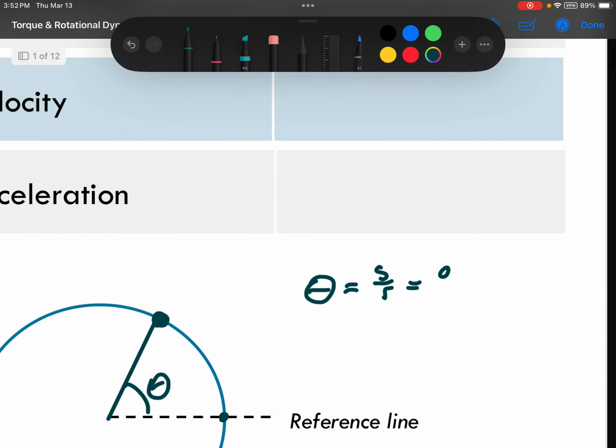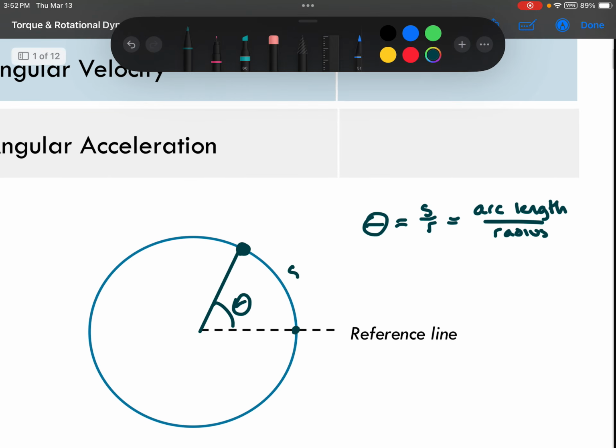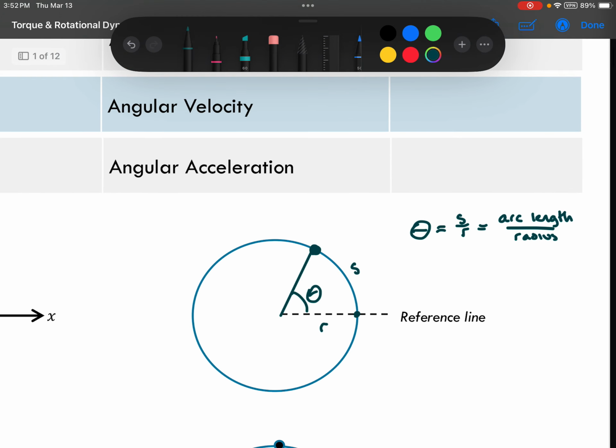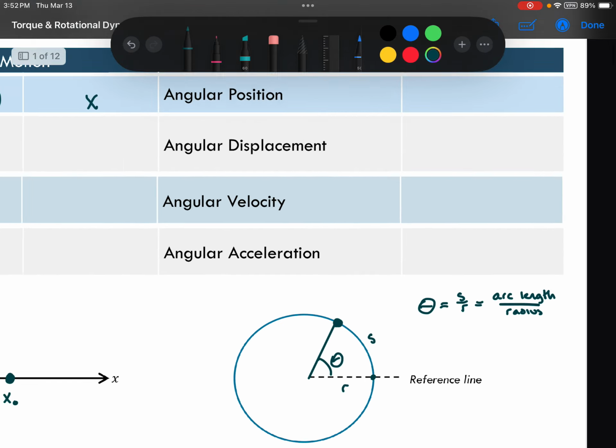But S is our arc length, and R is the radius of the circle. And so if we go ahead and write that onto our figure here, R is the radius, and S is the arc length, so the distance along the circumference that the object perhaps has traveled.